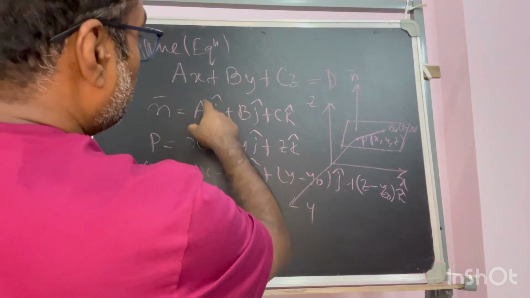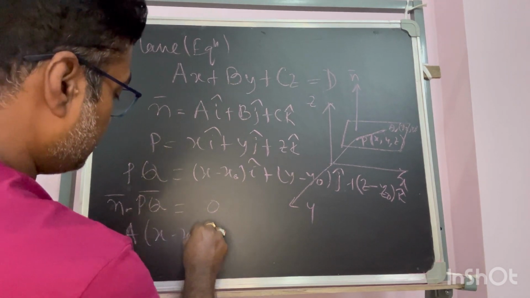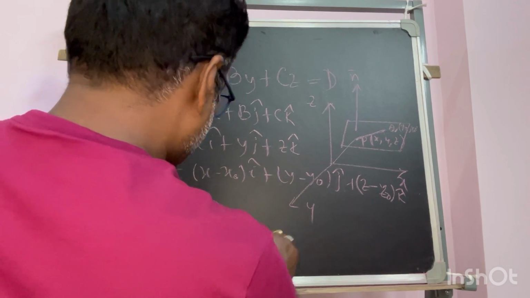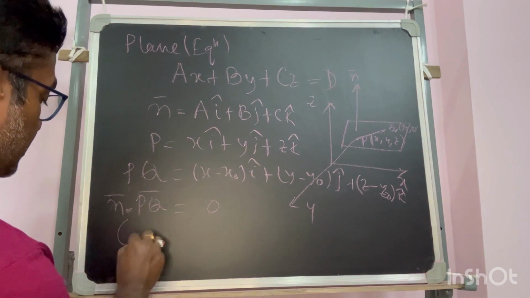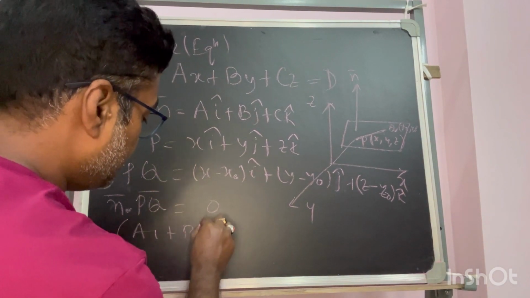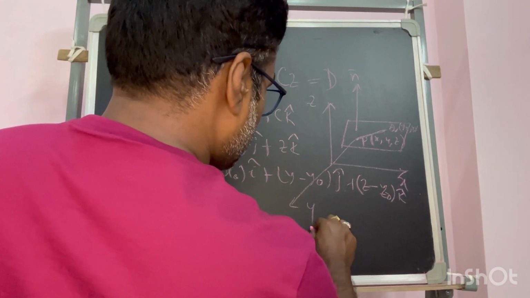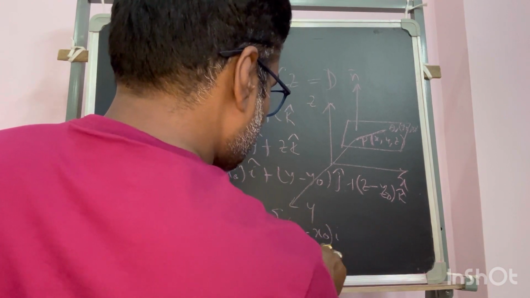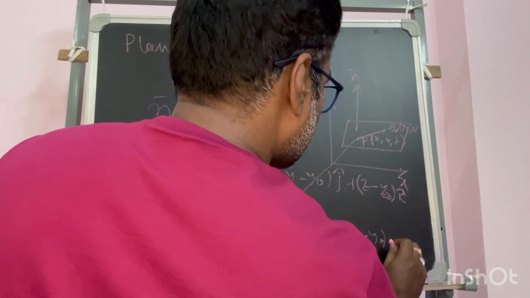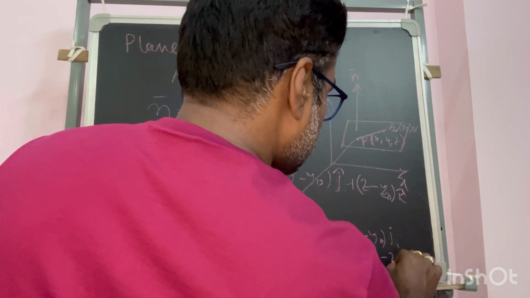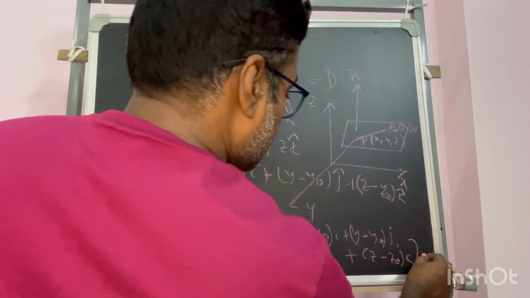From there we can come to the equation form. Taking ai + bj + ck dot (x - x0)i + (y - y0)j + (z - z0)k and doing the dot product, the result is equal to 0.